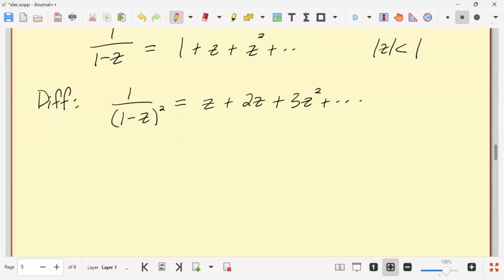I guess I should do it one more time. Here's how I would deal with a over z minus r squared. I would multiply the top and the bottom by 1 over r squared.